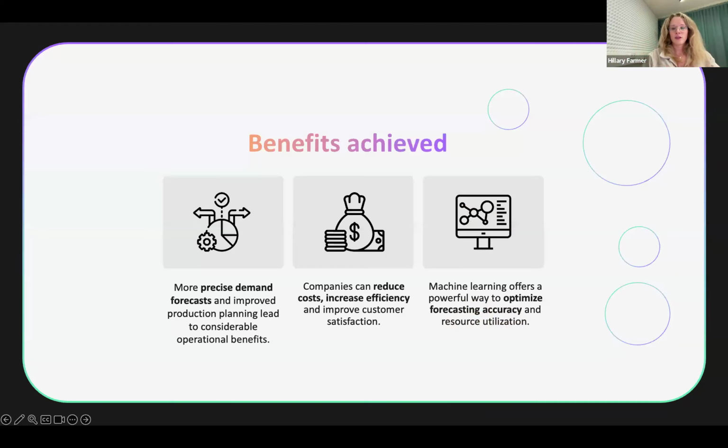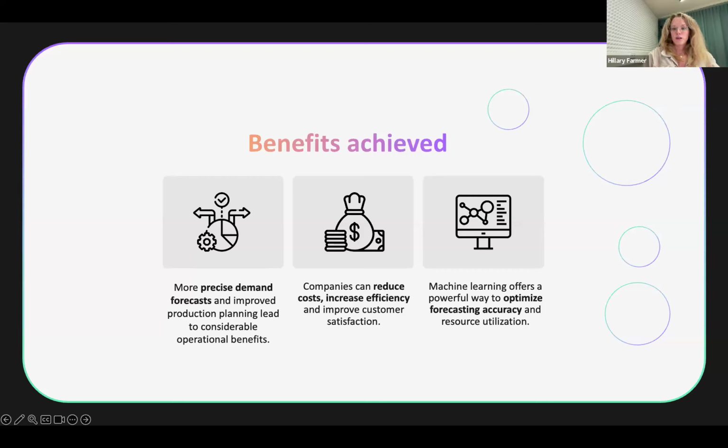So now let's discuss the benefits that can be achieved through precise demand forecasting and the implementation of machine learning models. Firstly, we have more precise demand forecasts. Accurate forecasting improves the production planning. This leads to considerable operational benefits by ensuring that businesses are prepared to meet demand without overproduction or underproduction. Then also reduced cost and increased efficiency.